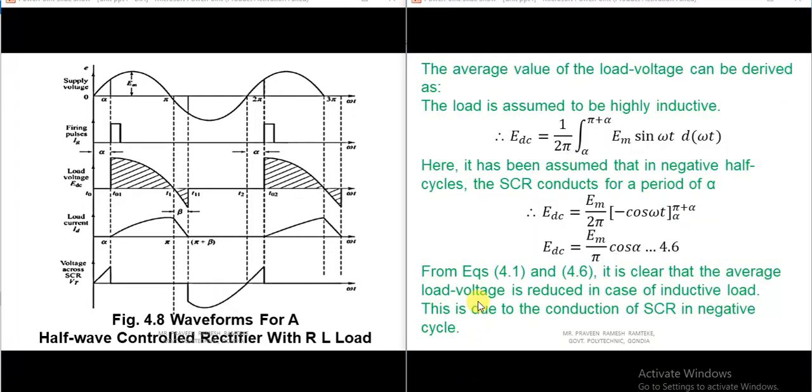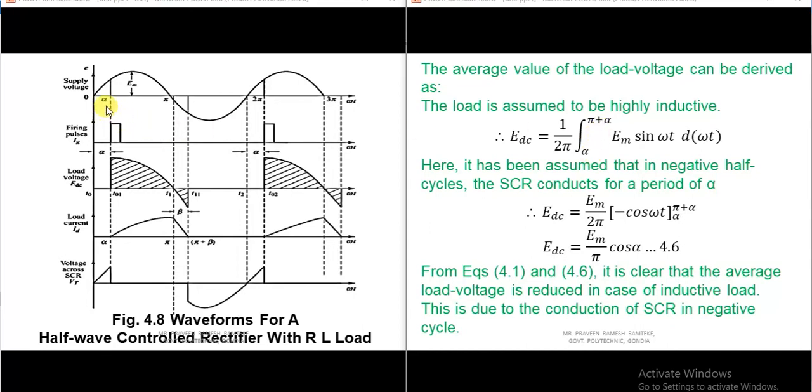The average value of load voltage can be derived as follows. The load current is assumed to be highly inductive. Therefore, E_DC equals 1 upon 2 pi, integration from alpha to pi plus alpha.